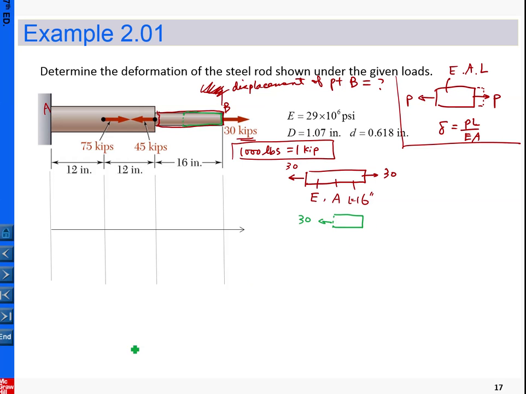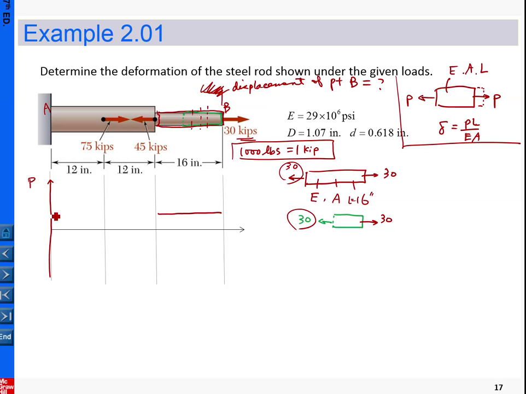So this is our given loading 30. It really doesn't matter how you pick the cross section for your free body diagram, the loading is always 30. So let me draw it: this is the displacement, and that is the 30, which is the loading.